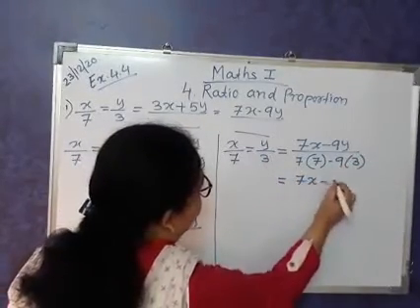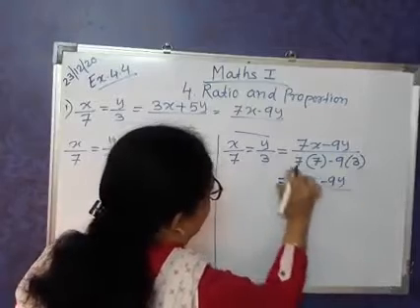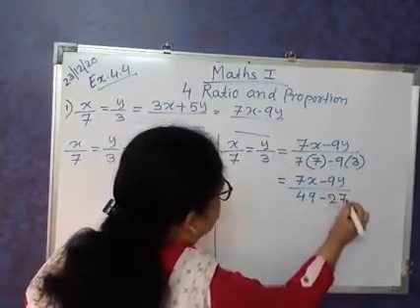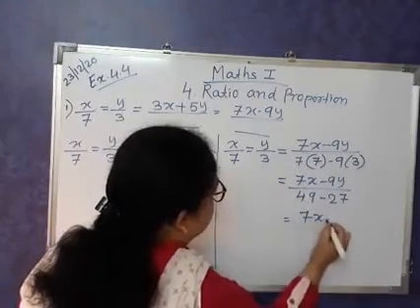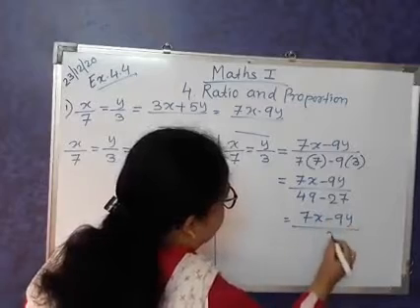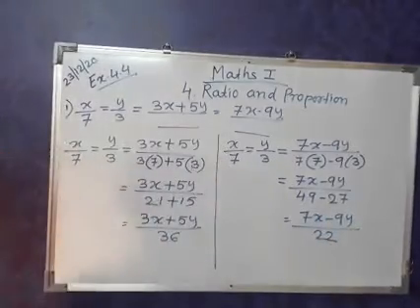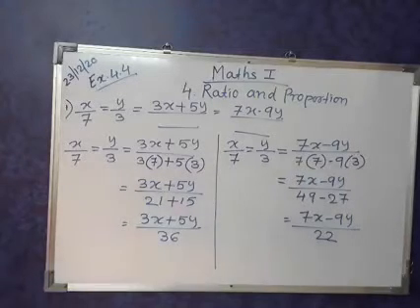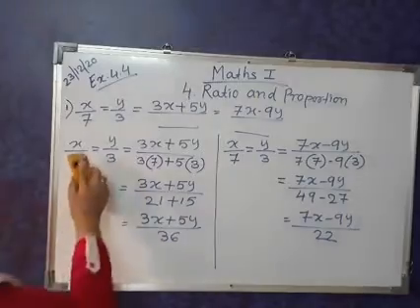So 7x minus 9y upon 7 sevens are 49 minus 27, that you will get as 22. Is it clear? So this way we can solve the sum based on the theorem on equal ratio.